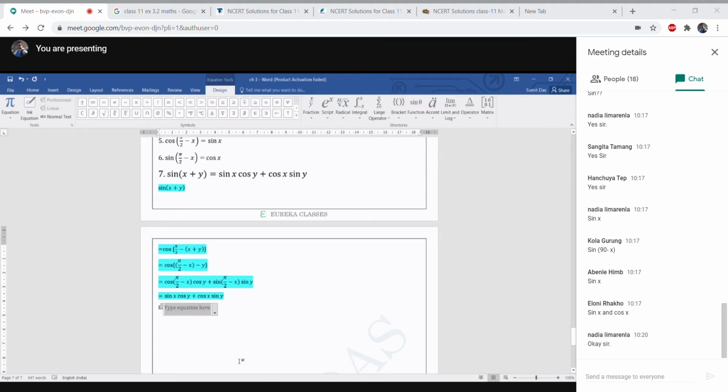Next is sin(x minus y). Sin(x minus y) equals the same formula but with a minus sign.